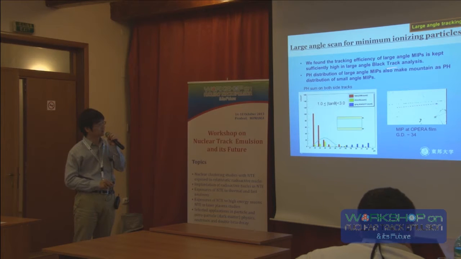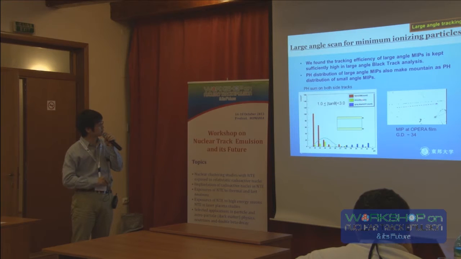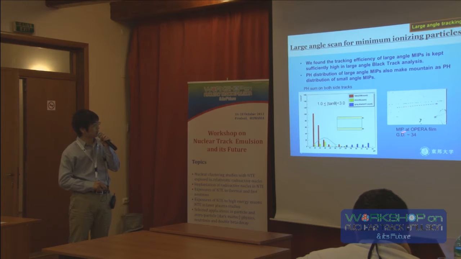This is a parasite distribution on both side tracks. The parasite distribution of large angle MIPs also makes this mountain. Green is the large angle MIP. In the OPERA film, the MIP grain density is about 34.